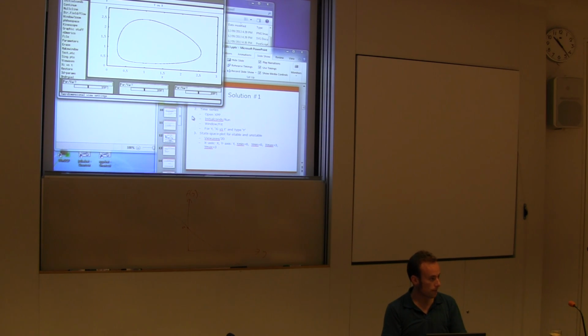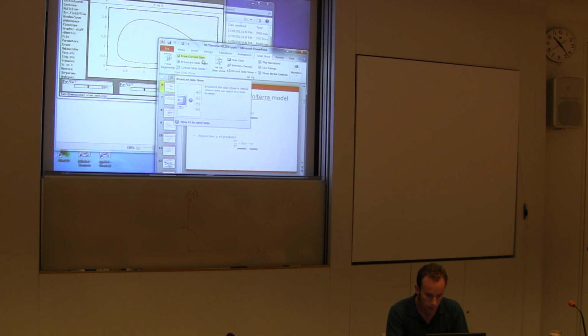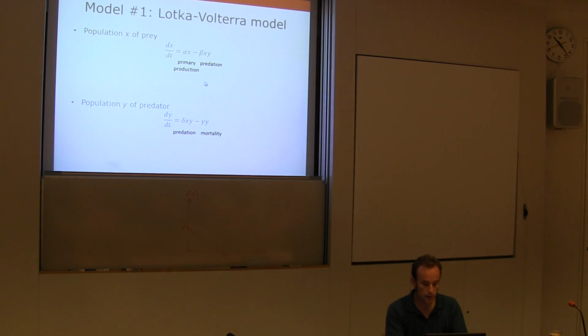And if you can show the formula again, could you point out what the state variables are? Sure. So here, the state variables, let's make this full screen again. State variables here are x and y. We have two state variables, x and y.